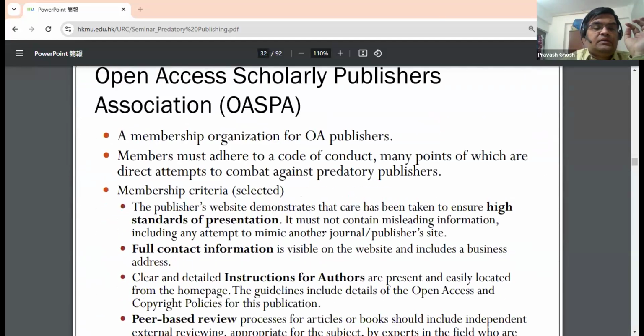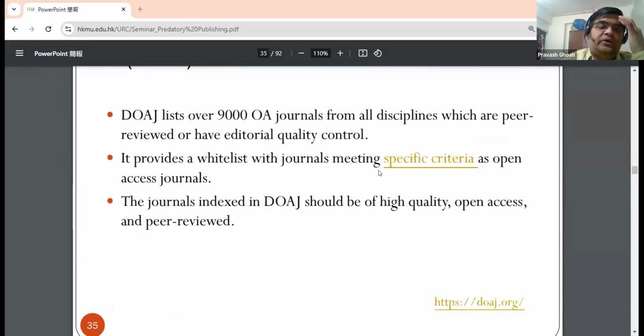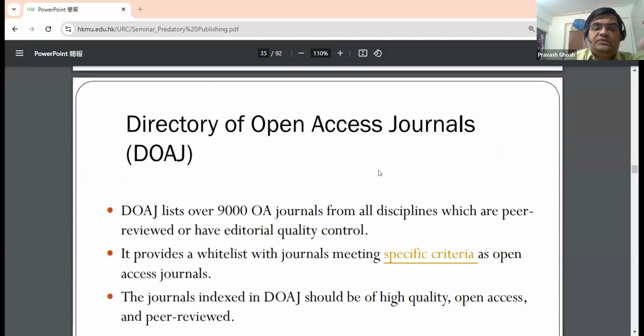So identify predatory journals. DOAJ: what is DOAJ? We can understand from here, because if I open all the websites, I cannot finish.